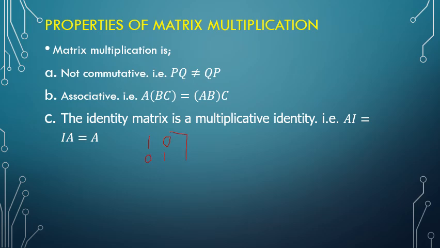This is the identity matrix of a 2 by 2 matrix. We denote it as I, and because it is a 2 by 2 matrix, we have to indicate it is a 2 by 2. If it's a 3 by 3 matrix, we'll have a 0 here, a 0 here, and also have 0, 0, 1. That's for a 3 by 3 matrix.